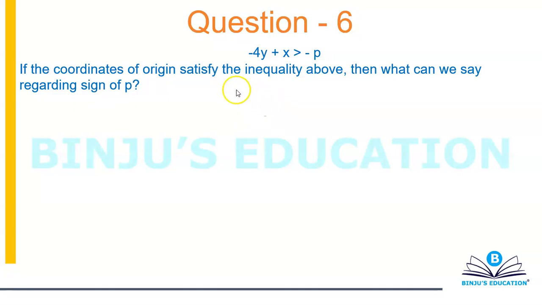So first of all, without even reading the question, I know I have to write this. So I'm going to subtract x on both the sides. Then I'm going to divide both sides by -4.